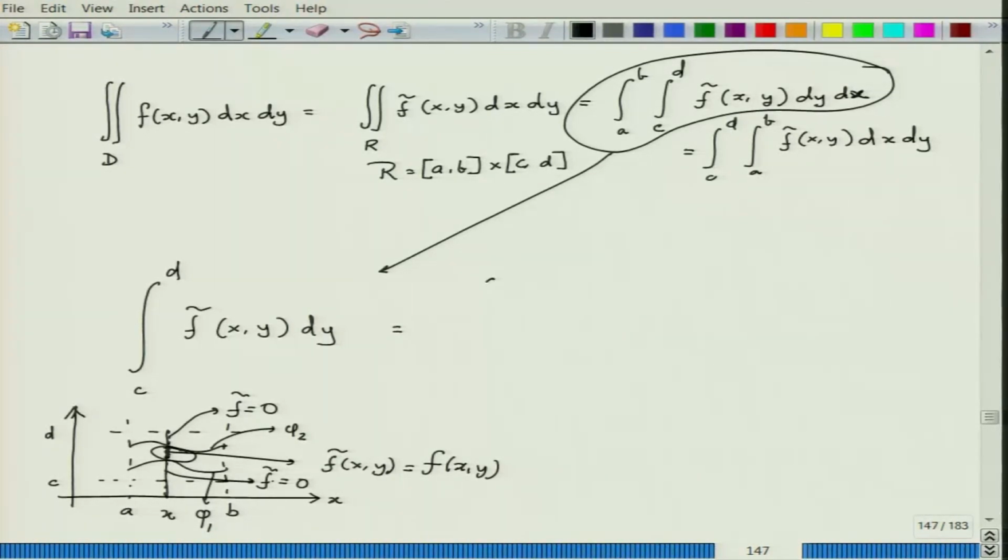So, this integral is nothing but the integral of phi 1 x to phi 2 x f of xy dy.